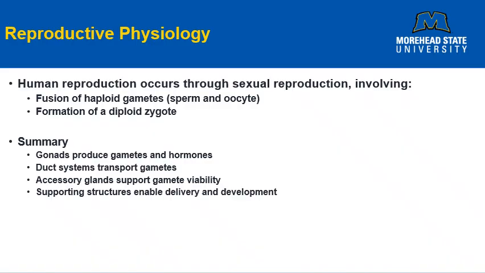Various ducts store and transport the gametes, and accessory glands produce substances that protect the gametes until they have to move. Supporting structures like the penis and the uterus in females assist delivery of the gametes. The uterus is also the site for the growth of the embryo and fetus during pregnancy. So, as expected, quite important.